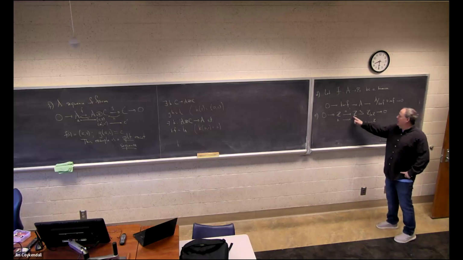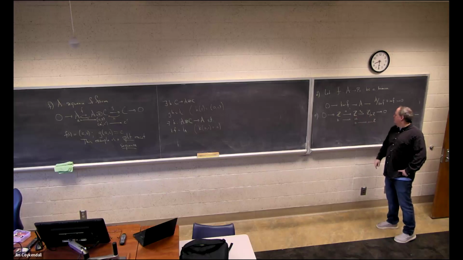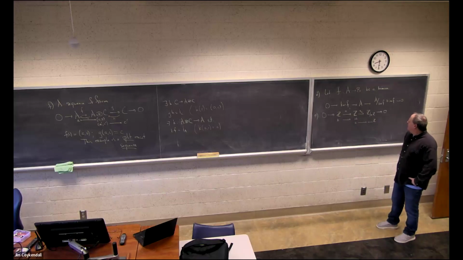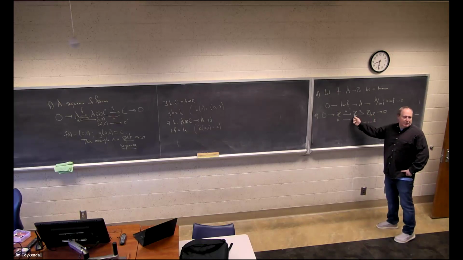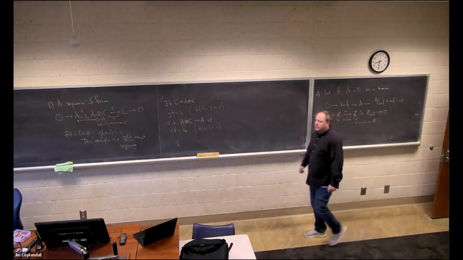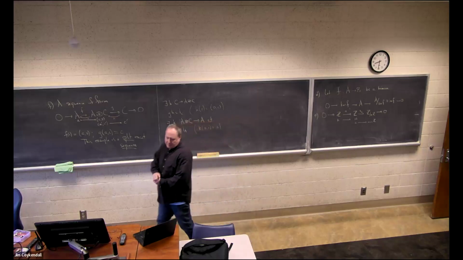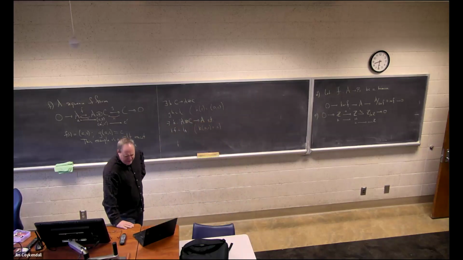If n is zero, that's not going to be one to one. Notice that this is generally not a split exact sequence because you can't run this backwards here, if n is bigger than 1. Because for example, if you have Z mod 2Z, there's no 1-to-1 map from Z mod 2Z to Z, right? Because Z mod 2Z is torsion and Z has no elements of finite order other than the identity.